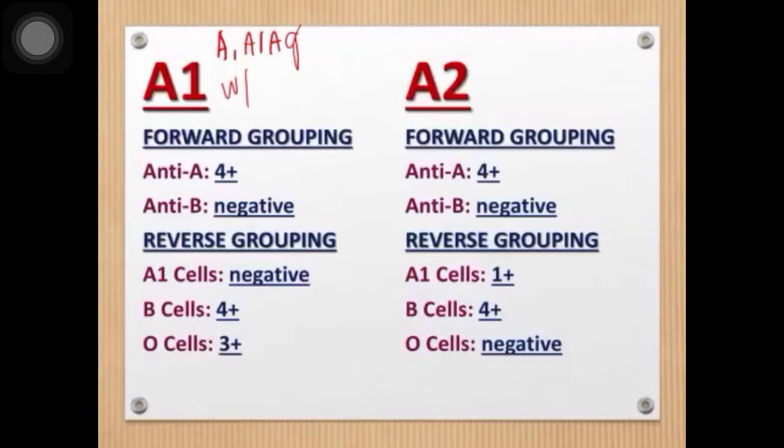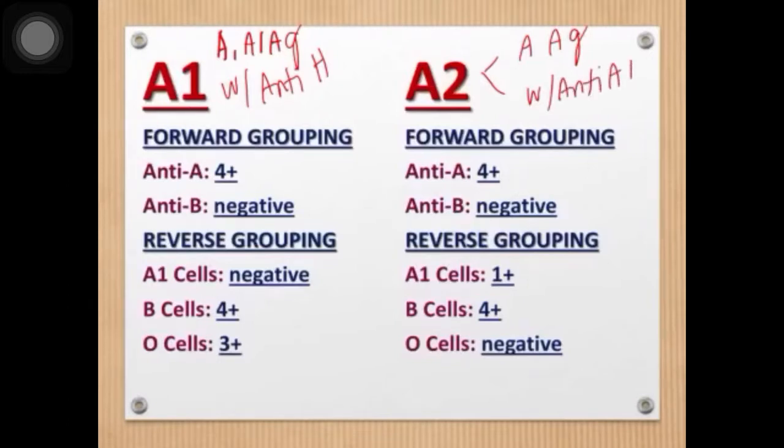So bukod po sa Bombay, sino po ang producer ng anti-H? Yung A1 at saka A1B individual. Yung A2 individual, meron lang po siyang A antigen, wala siyang A1 antigen, so wala pong reaction with Dolichos biflorus. Yung mga A2 individual, dahil wala po silang A1 antigen, pwede po sila mag-produce ng anti-A1.